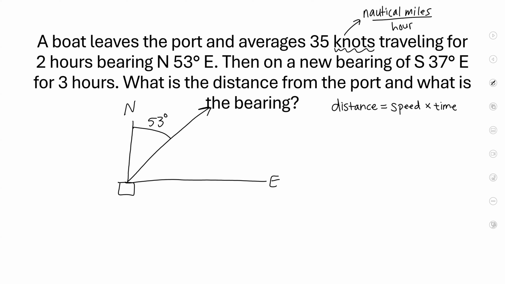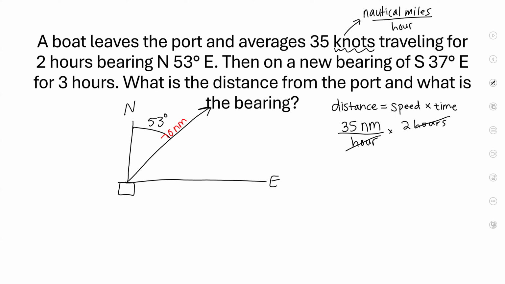So I know my distance is going to be 35 NM per hour times time, which is 2 hours. So my hours cancel. 35 times 2 is 70. So I know that my distance is 70 nautical miles. I'll put 70 NM. That is the distance that my boat is traveling in the northeast direction, 53 degrees.